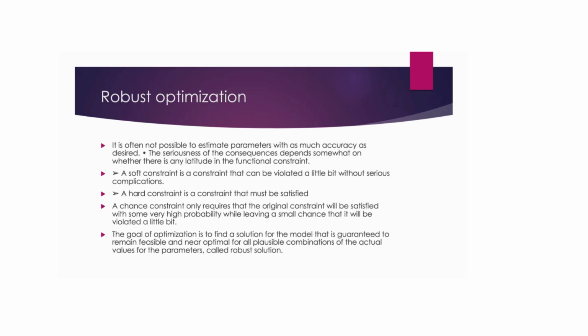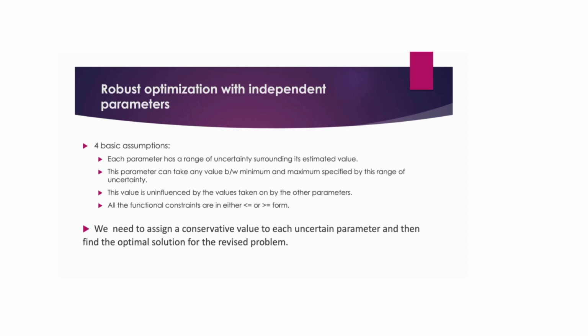Okay. Now, the goal of robust optimization is to find a solution for the model that is guaranteed to remain feasible and near optimal for all plausible combinations of the actual values for the parameters. There are four basic assumptions in robust optimization with independent parameters.